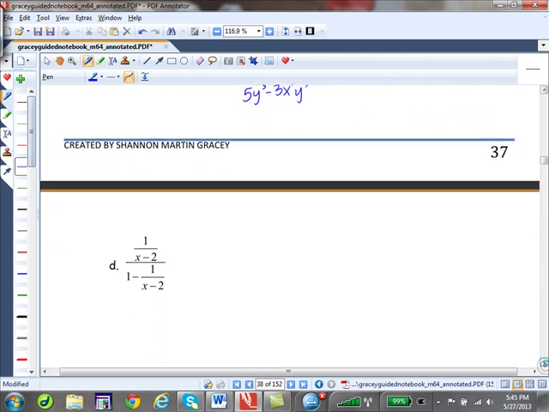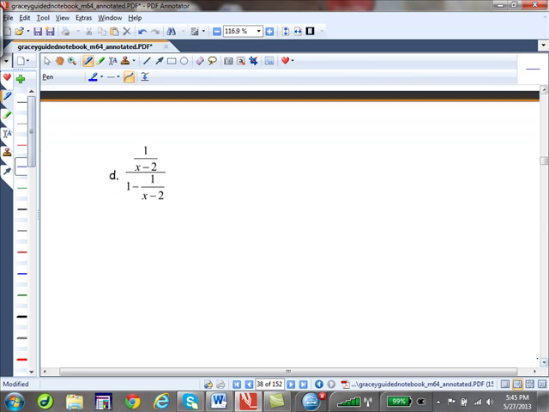Okay, next up, part D. Again, the common denominator. You've got an x minus 2 here, a 1, and then an x minus 2. So the LCD is x minus 2. All right.